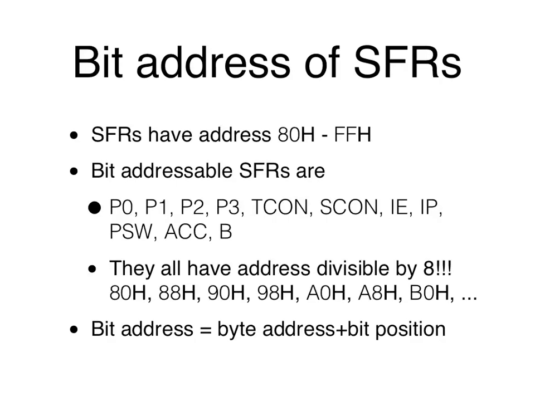So this is just to summarize that when you have 80 hex and higher, those are the special function addresses, and the bit addresses are mapped to the same addresses as the byte address, or at least the starting bit address of each byte is the same as its byte address. So that's convenient.